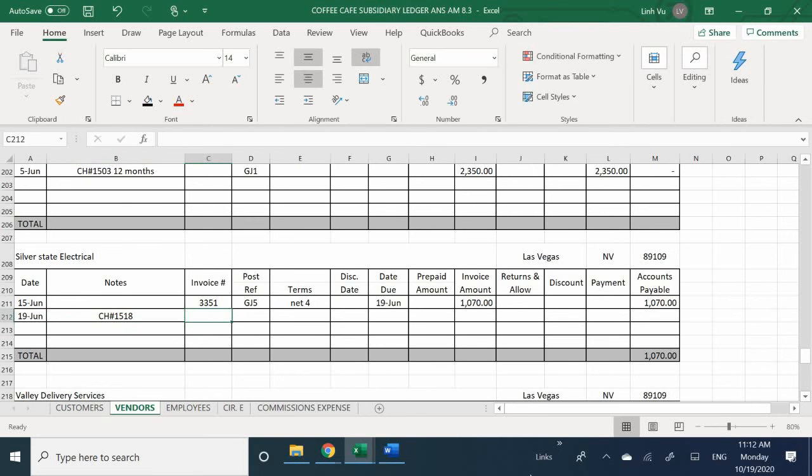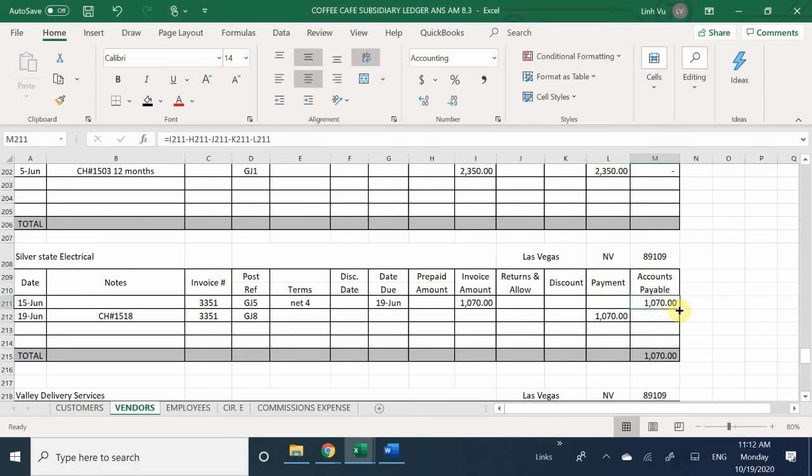And this bill is for the 3351, and this is General Journal number 8. Now in this case, I already have the bill in here and I owe 1070. So here, I'm just going to say, well, in this transaction here, I just paid the 1070.